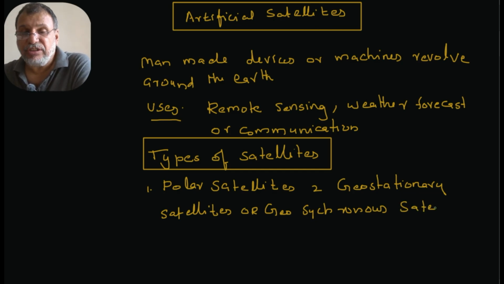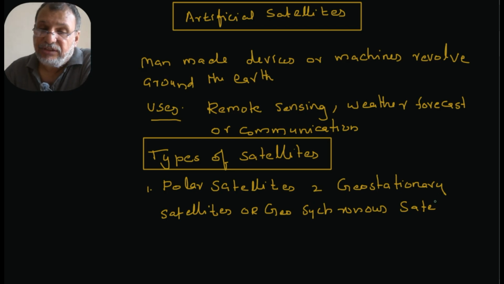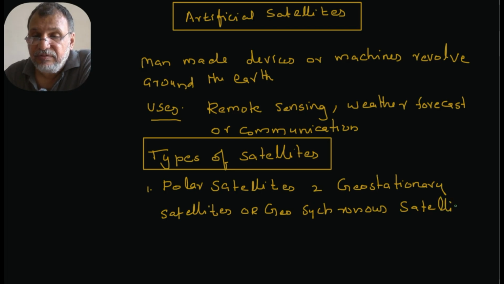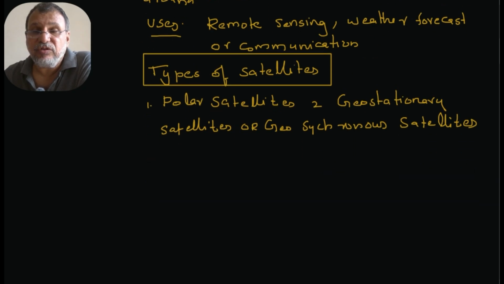So geostationary satellites and geosynchronous satellites are the same kind of satellites, but with different names sometimes. So we'll start with polar satellites.